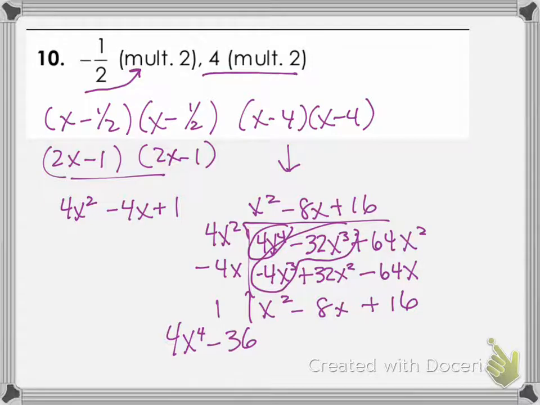36? Wait a minute. Got something here I think wrong. 4x squared minus 4x.